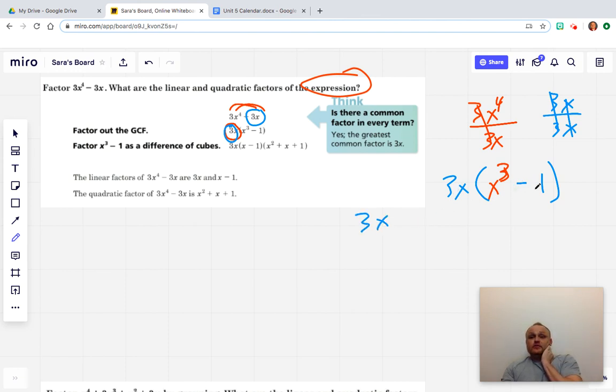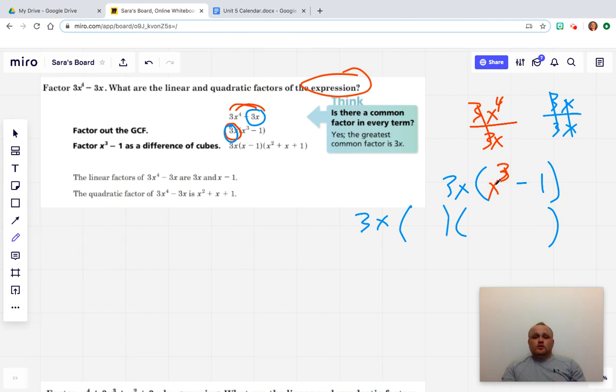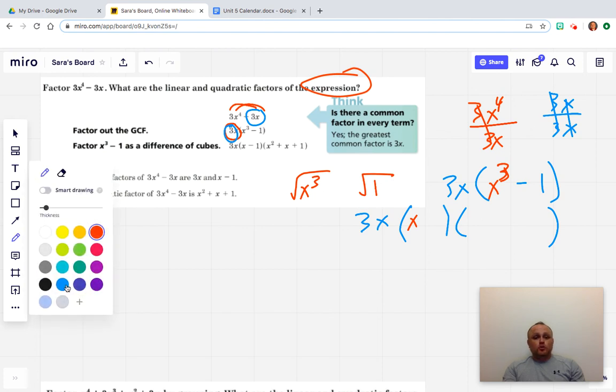You have a difference of cubes, okay? So again, you have to remember these rules. There's a lot to remember, guys. So the cube root of x cubed is just x, okay? Again, sum of cubes and difference of cubes, you have to look at both of these terms and cube root them.